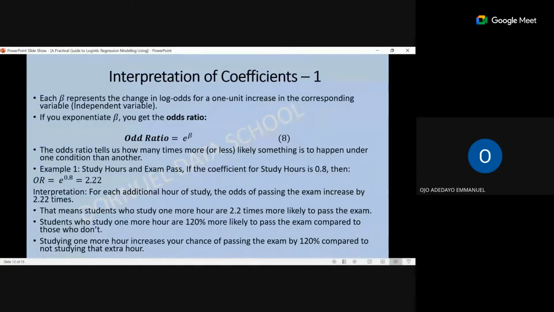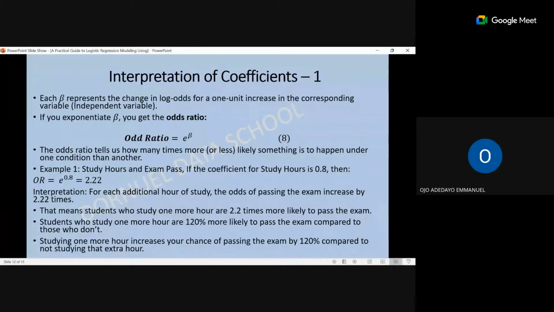They can ask you what is the odds of someone passing the exam compared to those who did not pass. In logistic regression, we normally interpret the odds ratio alongside the confidence interval and the p-value, but the odds ratio is very, very important.